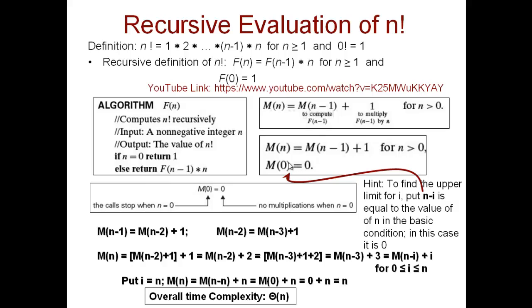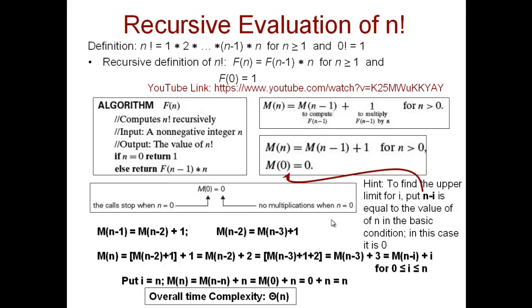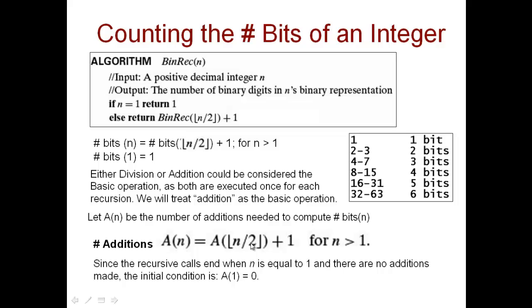So we had n minus 1 plus 1, and we were able to reduce it to m of n minus 2 plus 2, then m of n minus 3 plus 3, and so on. Whereas here the lower order term, if it is n, is n over 2. So it's not like n minus 1 or n minus 2 and so on. So we cannot use this approach of reduction to lower order terms to solve this recurrence relation.